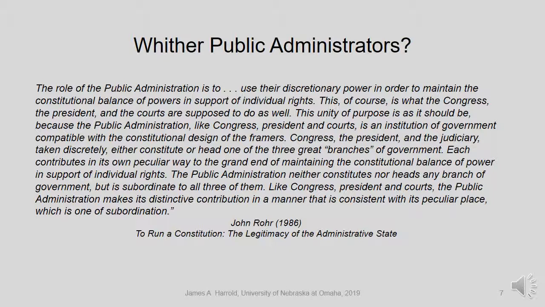And it helps maintain the constitutional balance of power. And so the job of administration is the same job broadly that the executive, the legislative, and the judicial have, and that is support of individual rights in the United States.